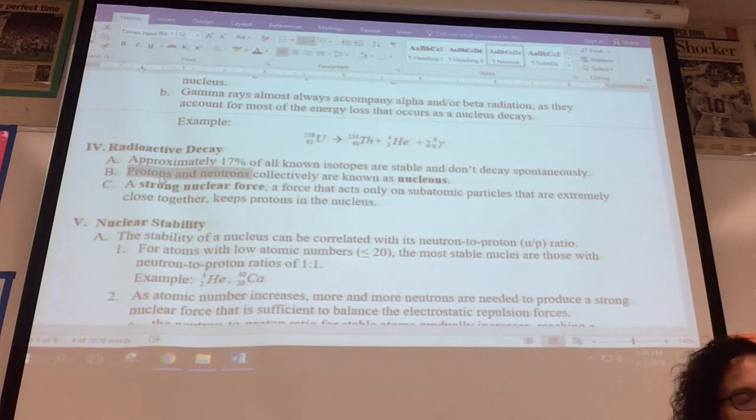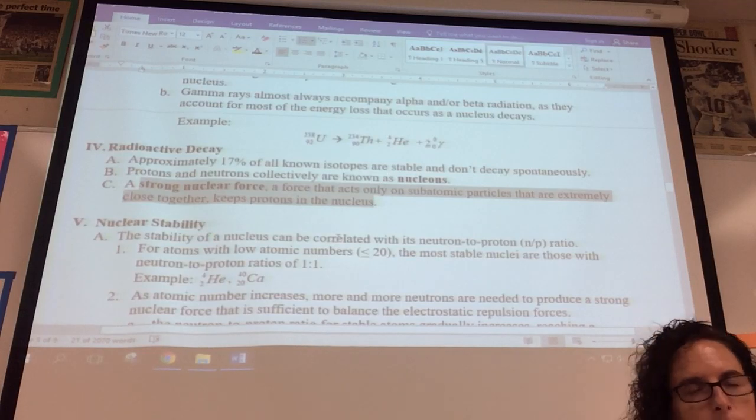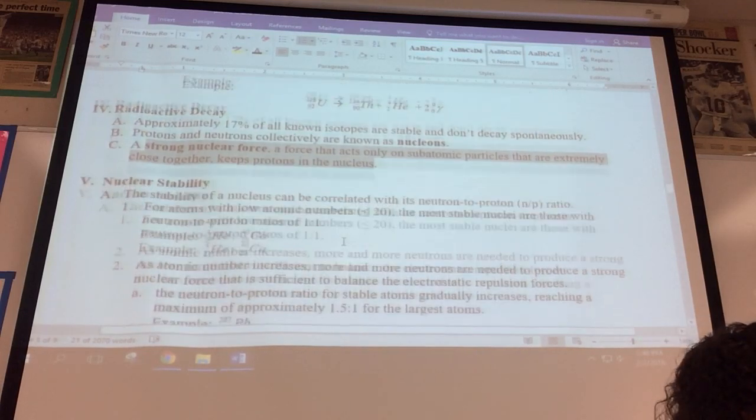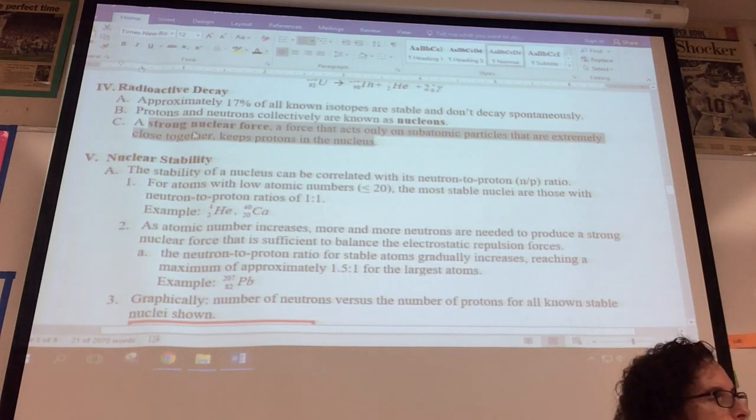So in order to counteract that type of repulsion, you need neutrons there, and there is a strong nuclear force that acts on subatomic particles that are so close together, for an example in the nucleus, and that's what keeps protons in the nucleus rather than just popping out. And we're going to talk about that nuclear force and how you know if the nucleus is stable.